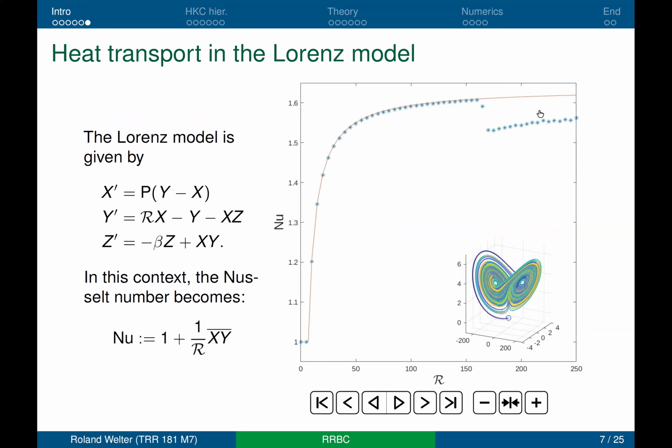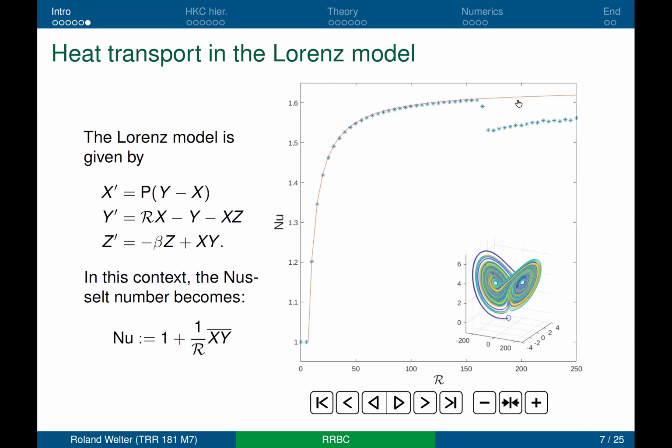And also, we can see that the chaotic behavior is transporting less heat than a constant overturning rate.